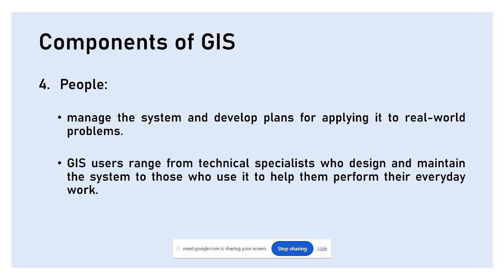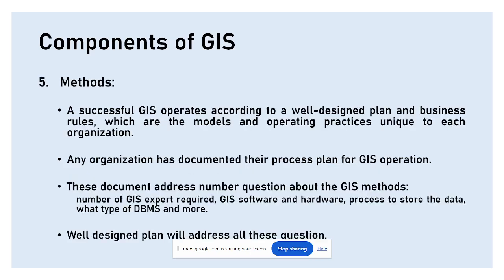Then, of course, people manage the system, and the users are also important, who give you the requirements. This I've already touched upon. So, a successful GIS operates according to a well defined plan and business rules, which are the models and operating practices unique to each organization.